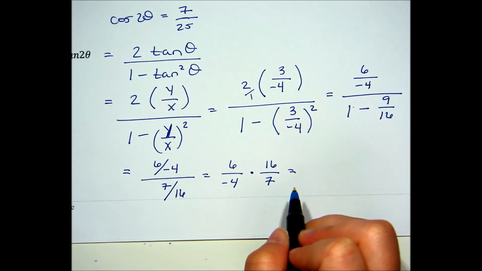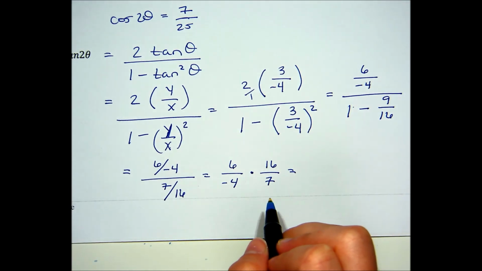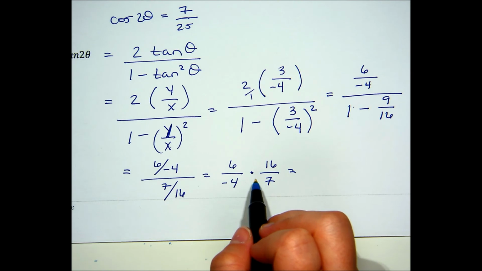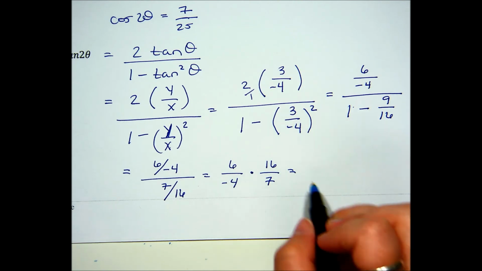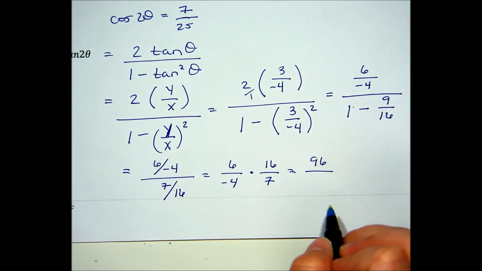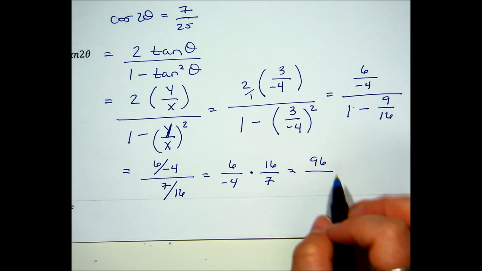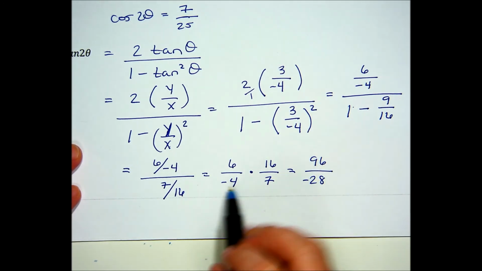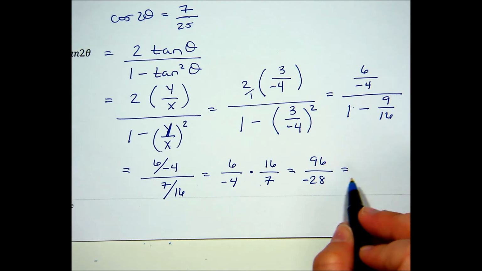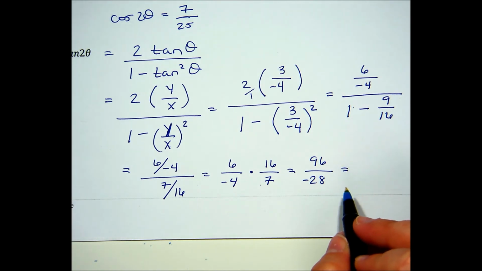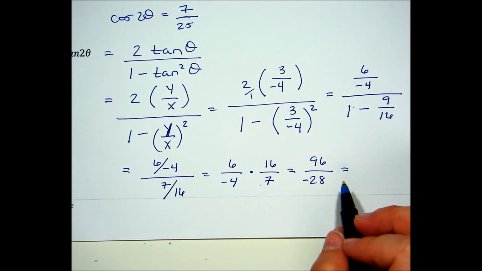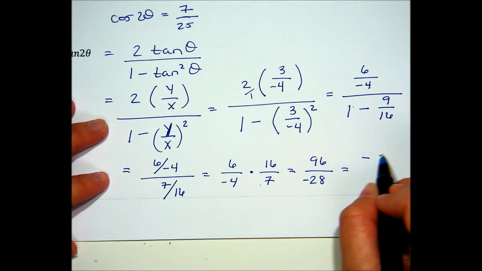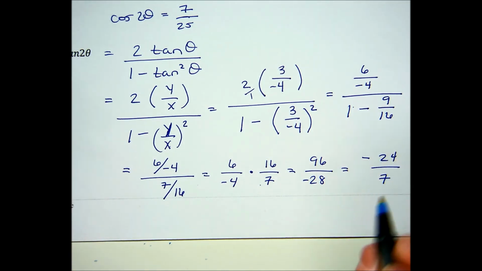So we get 16 times 6, which will give you 96 over 4 times 7, negative, right? Simplify 96 divided by negative 28. The simplified fraction will be negative 24/7.